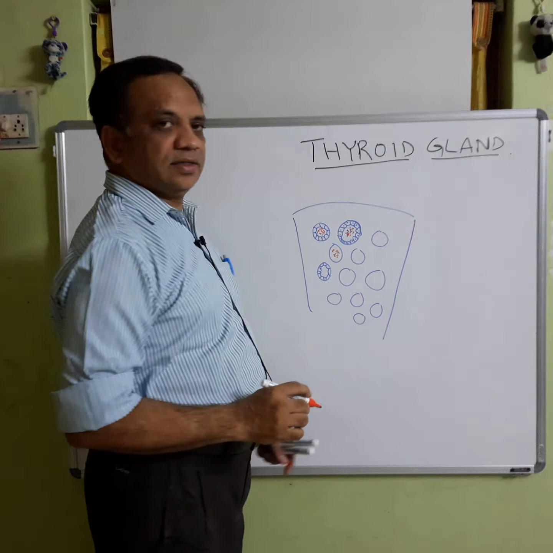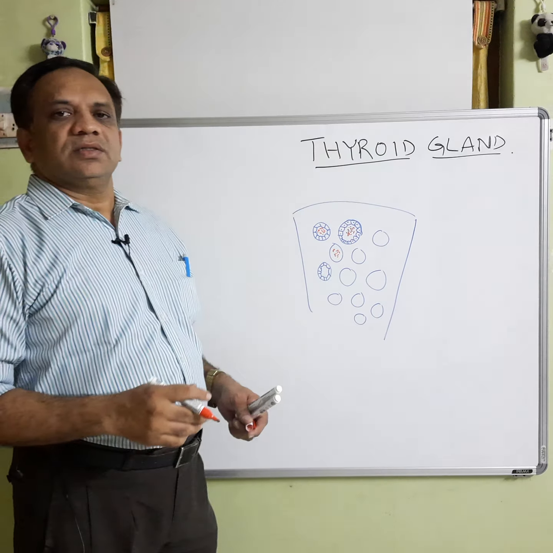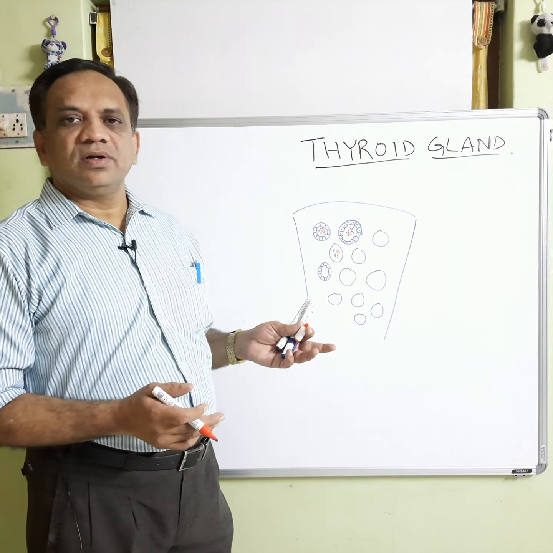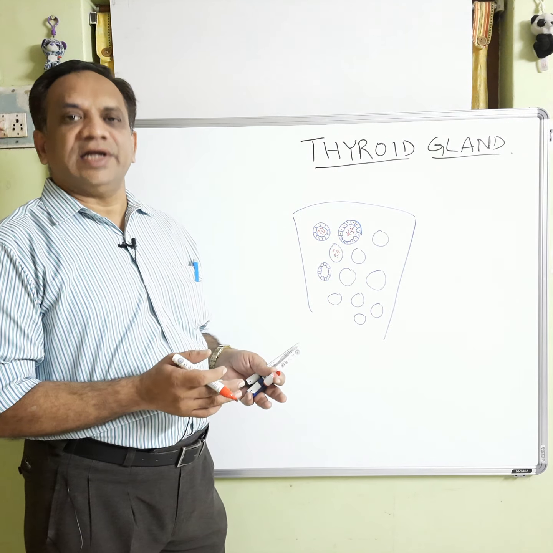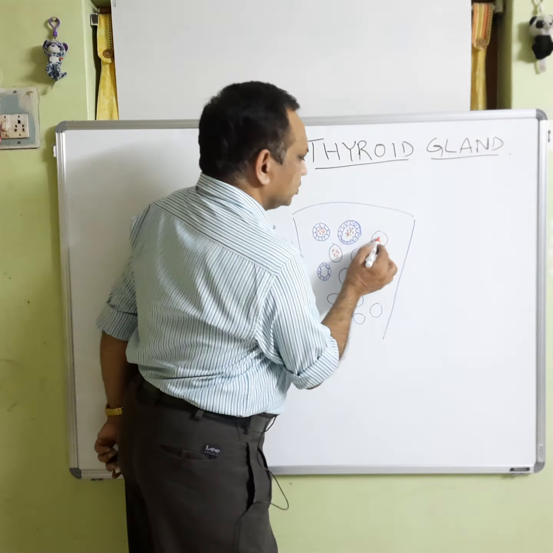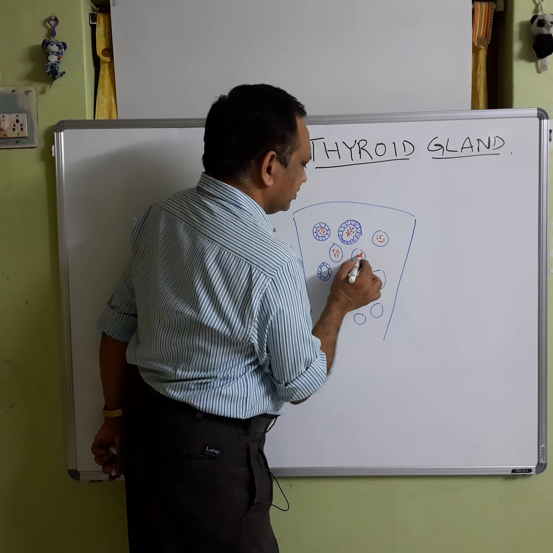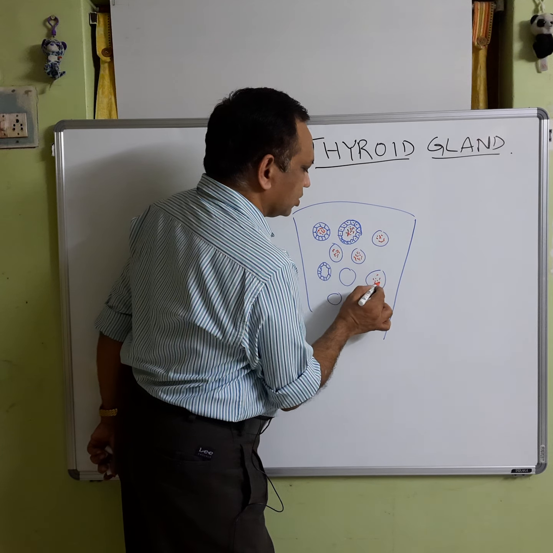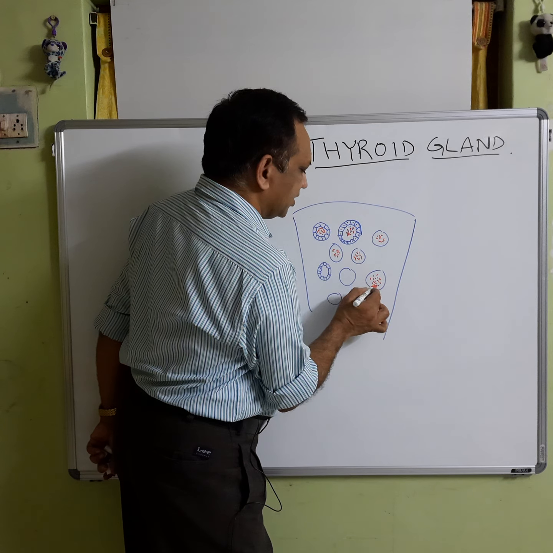The colloid is nothing but the thyroglobulin, which is inactive thyroid hormone mixed with iodine. So, all follicles are filled with colloid molecule, that is the thyroglobulin plus iodine.